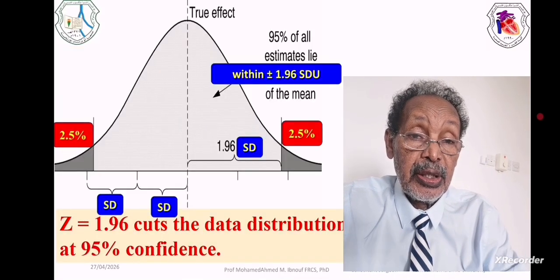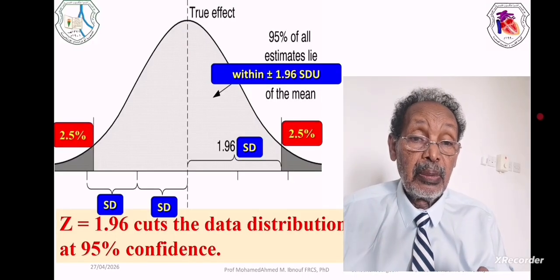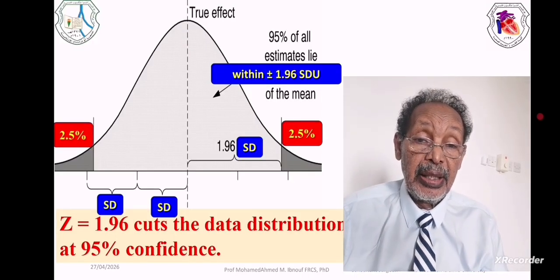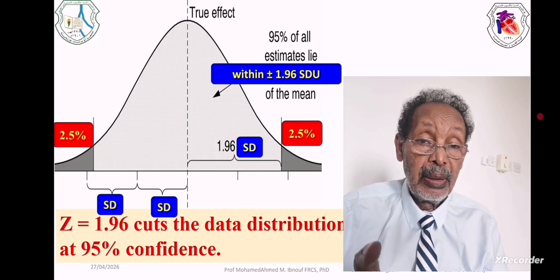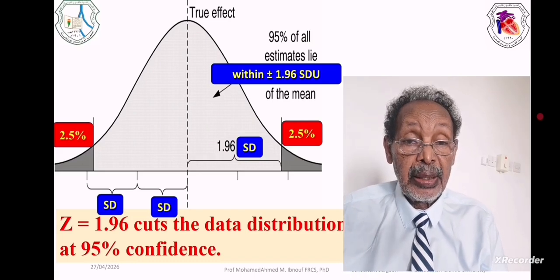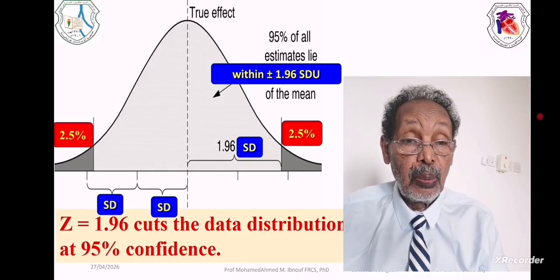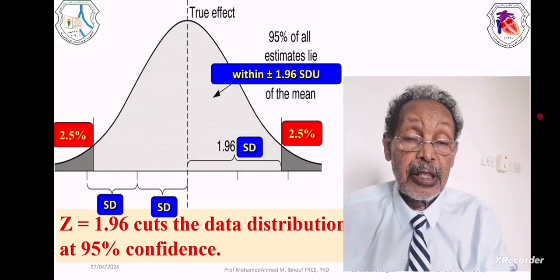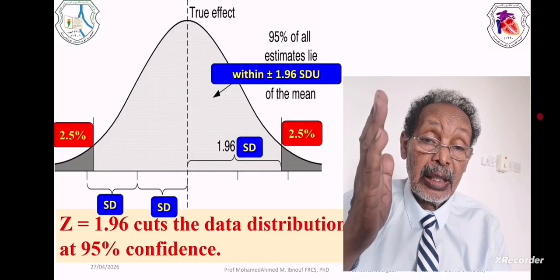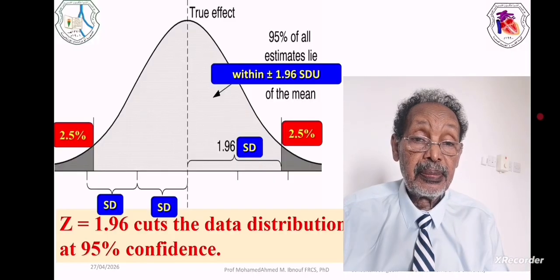Now, let us see it in this diagram again. At the bottom of the diagram on the left-hand side, the Z value has moved 2 steps to the left, minus 1, minus 2, but before reaching complete 2, at the point of -1.96, there is a cutoff at the lower boundary of our confidence interval.